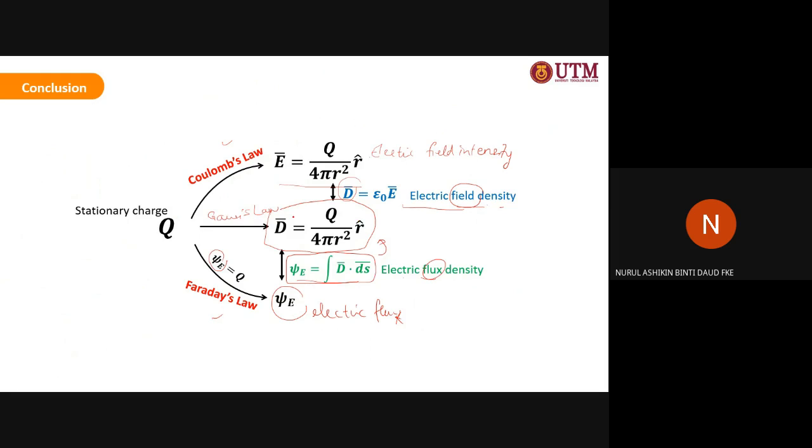For example, you want to derive from Coulomb's law towards this, or you want to go straight away using Gauss's law, or you want to use Faraday's law. It depends on the situation, the application, and the information given in your questions. So now let's look into detail what is Gauss's law.